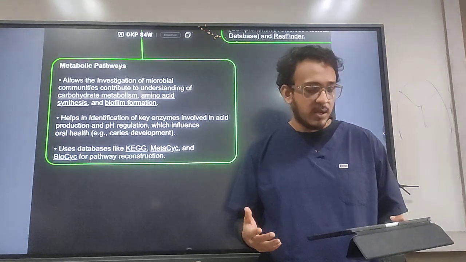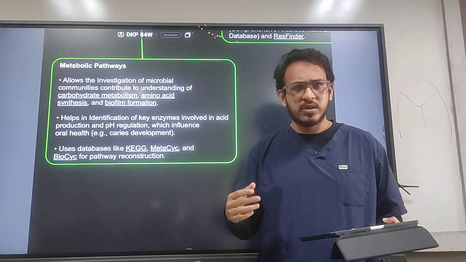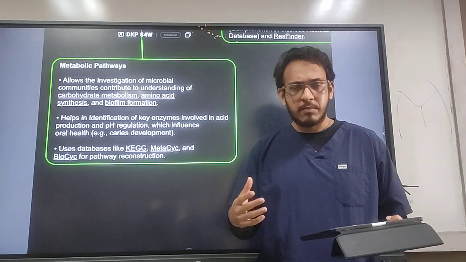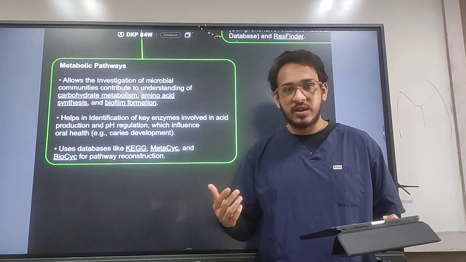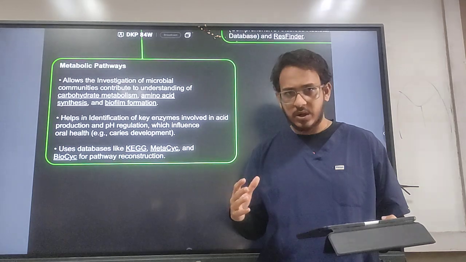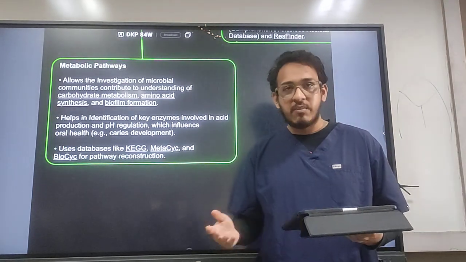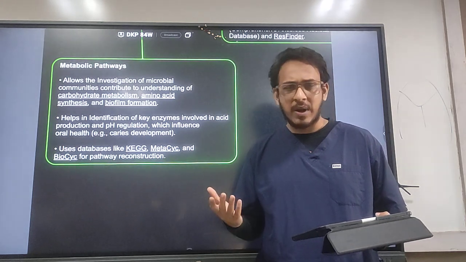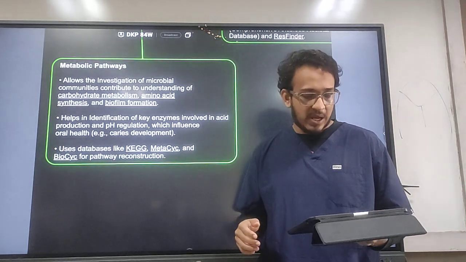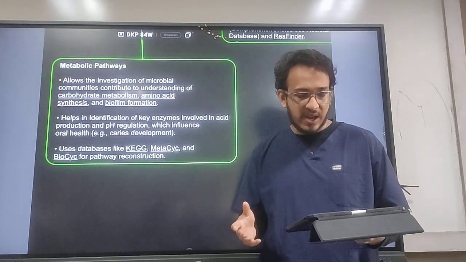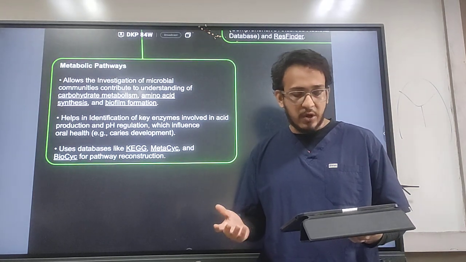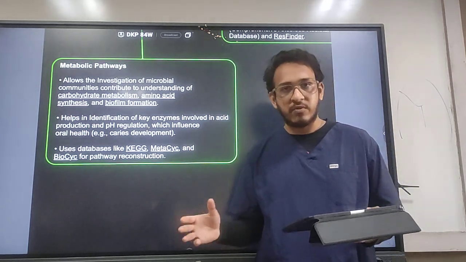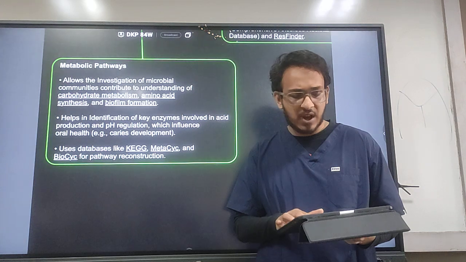For example, in caries, certain bacteria produce acidogenic byproducts that decay the tooth structure and cause caries. That can be understood by understanding the metabolism of the bacteria. Databases are used such as KEGG, MetaCyc and BioCyc. They have already stored the metabolic pathways, which can be used for comparative evaluation.